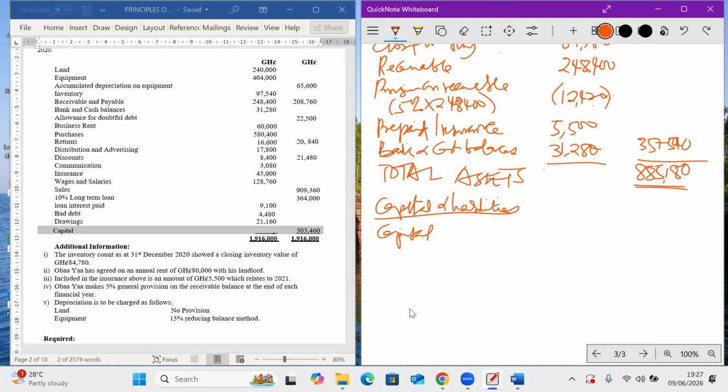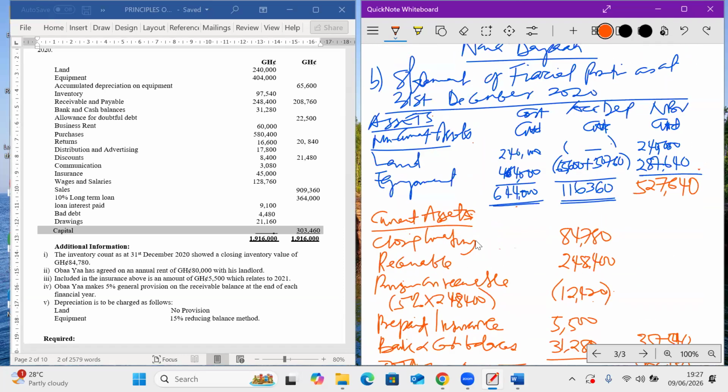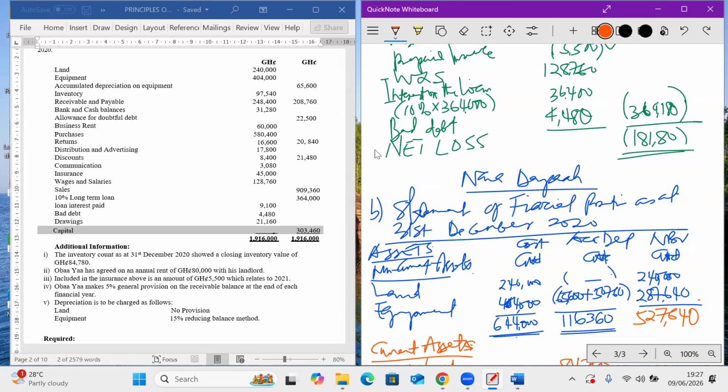So we bring the capital from the trial balance. What's the capital figure? 303,460. Are you getting it? Yes. Then we'll bring the balance on from the income statement. We got a net loss, right? Of what? 18,180. Was it 18,180?